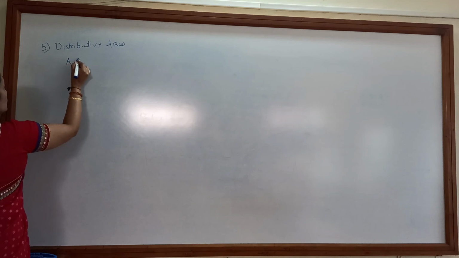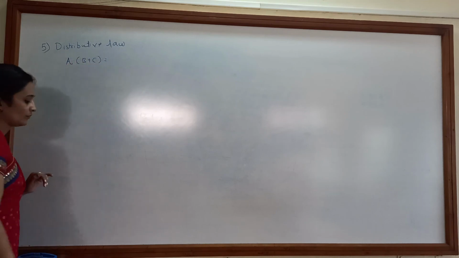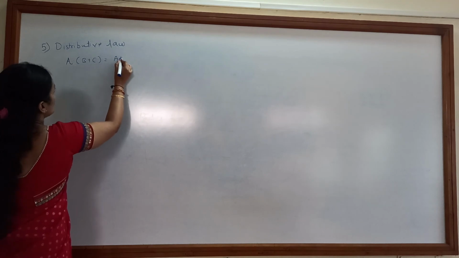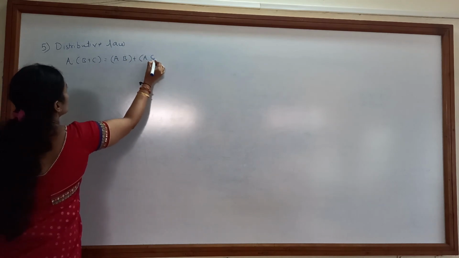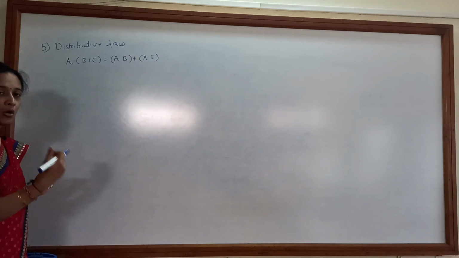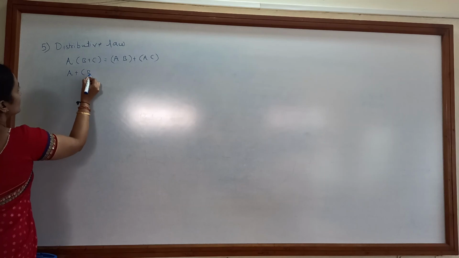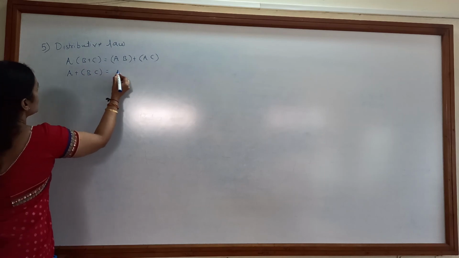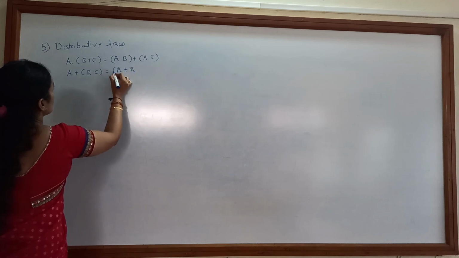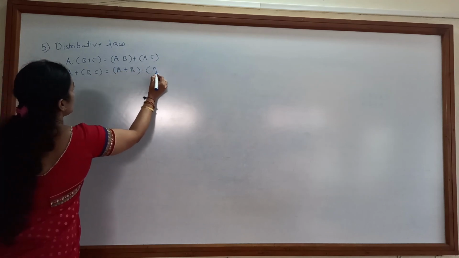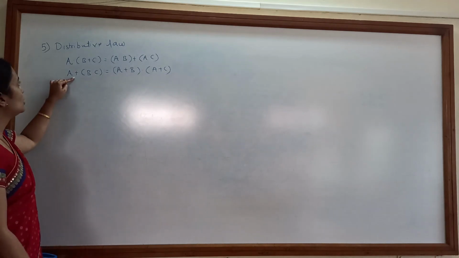A into B plus C is equal to A into B plus A into C, and dual law of this distributive is A plus B into C is equal to A plus B into A plus C. Why it is called dual?